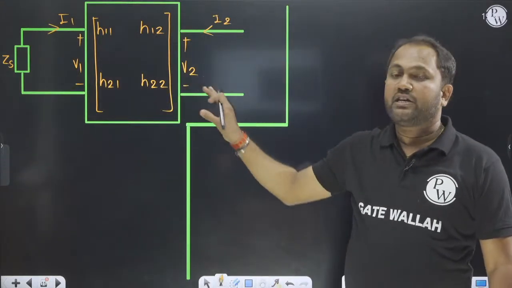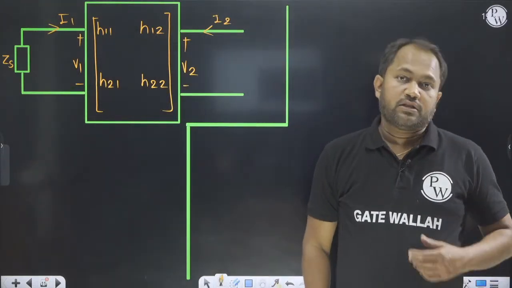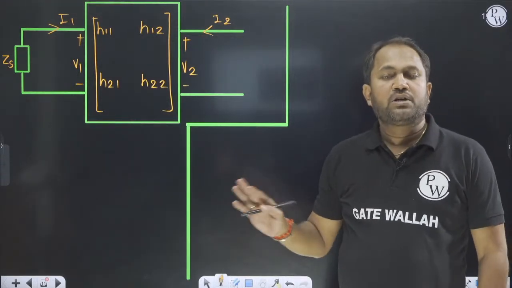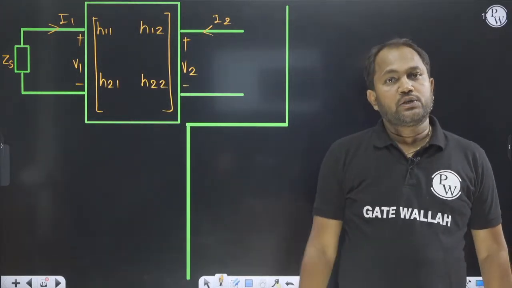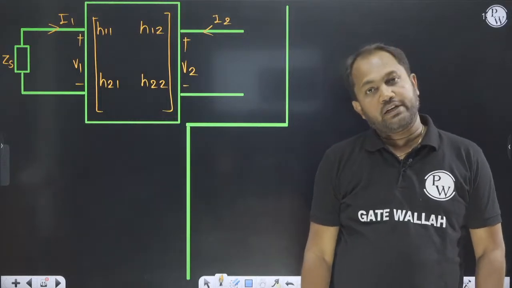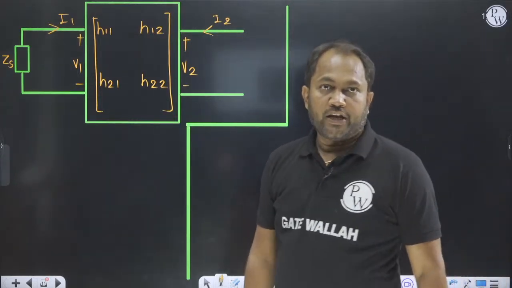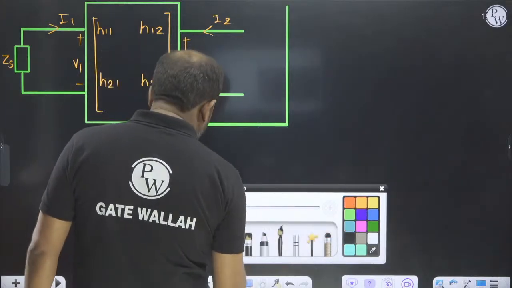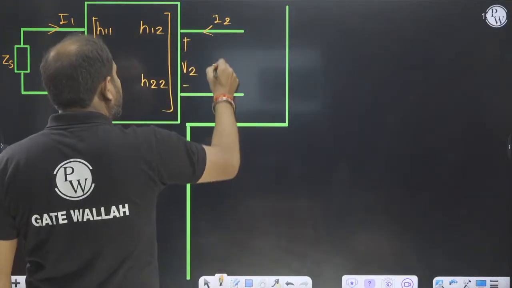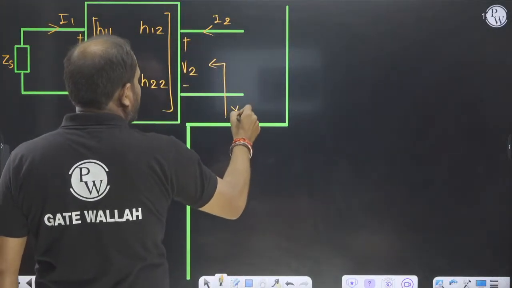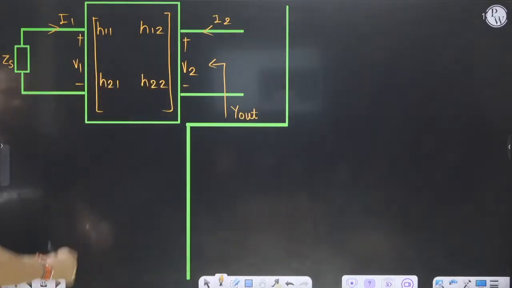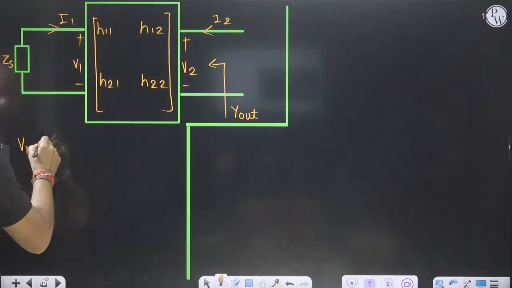Just study this two-port network video, and I am very sure you will get a good concept of two-port networks and will solve the questions in the GATE exam. I am not teaching through any book, I am just giving you the knowledge so that you can solve these questions.